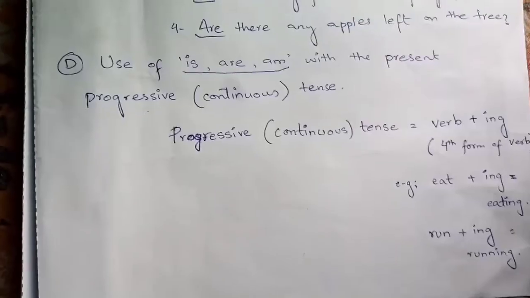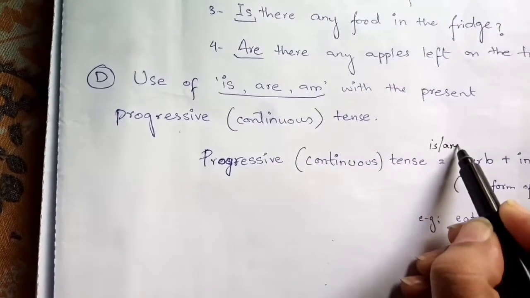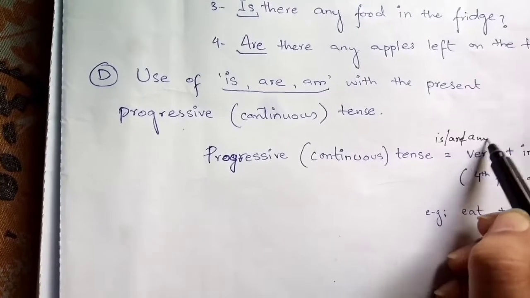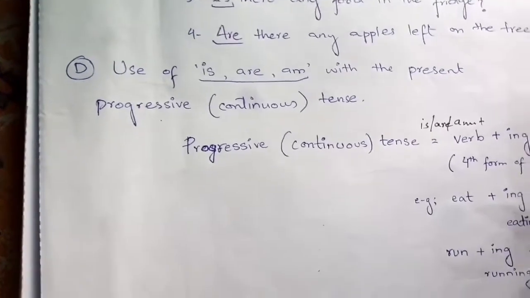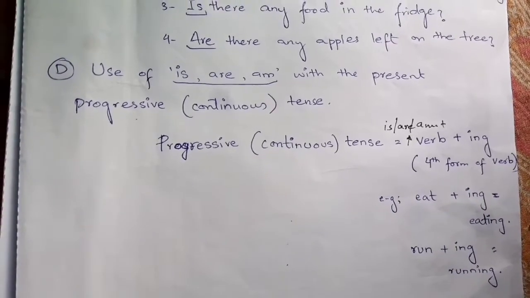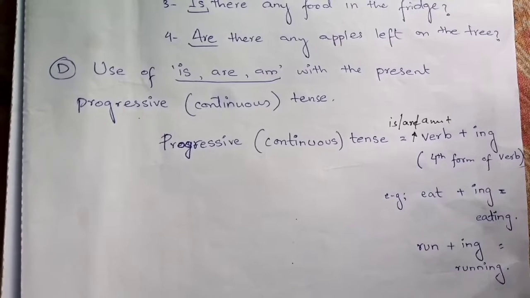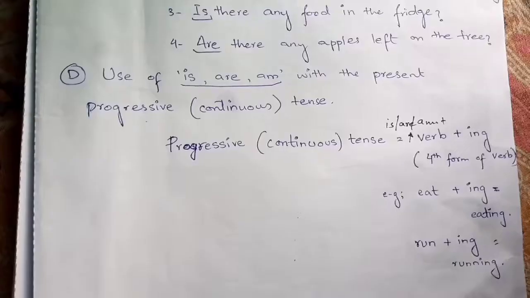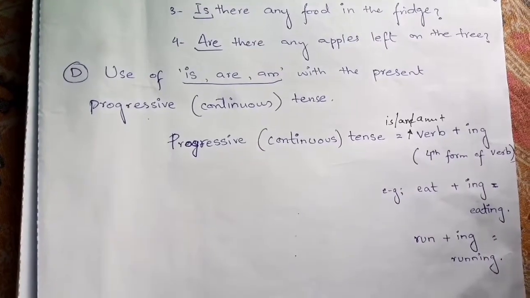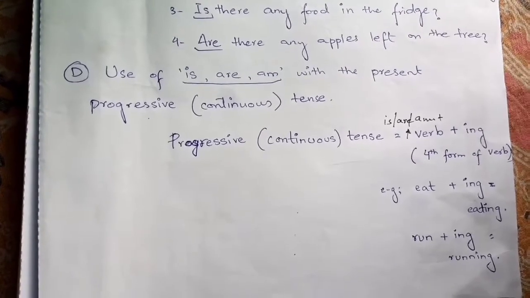The formula will be is, are, am plus verb plus ing. So that will be the present progressive tense or present continuous tense. Or in short, you can say that is, are, am plus the fourth form of verb.